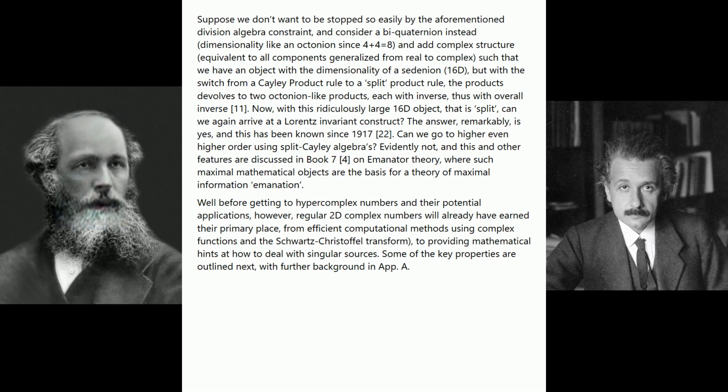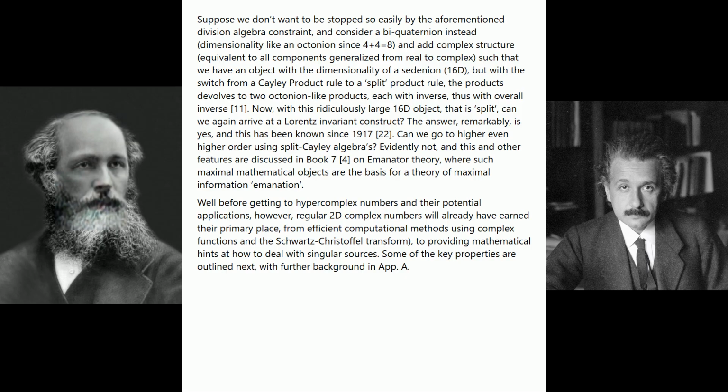Suppose we don't want to be stopped so easily by the aforementioned division algebra constraint, and consider a biquaternion instead, with the dimensionality of an octonion since 4 plus 4 is equal to 8, and add complex structure, equivalent to all components generalized from real to complex, such that we have an object with the dimensionality of a sedenion, 16D, but with the switch from a Cayley product rule to a split product rule, the product devolves to two octonion-like products, each with inverse, thus with overall inverse.